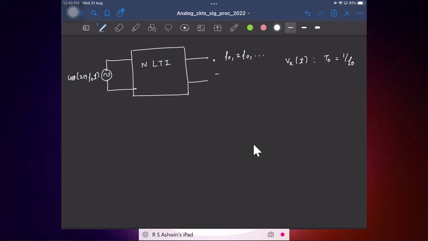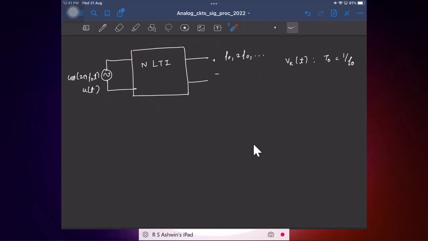Okay. So as I mentioned earlier, the signal that we could apply is this. Okay. Cos 2 pi f0 t times u of t. So which means to reach the steady state, the circuit could take some time. Okay. But let us say you are interested only in the steady state response. So now here you have a circuit where in steady state your node voltages are varying periodically with time.